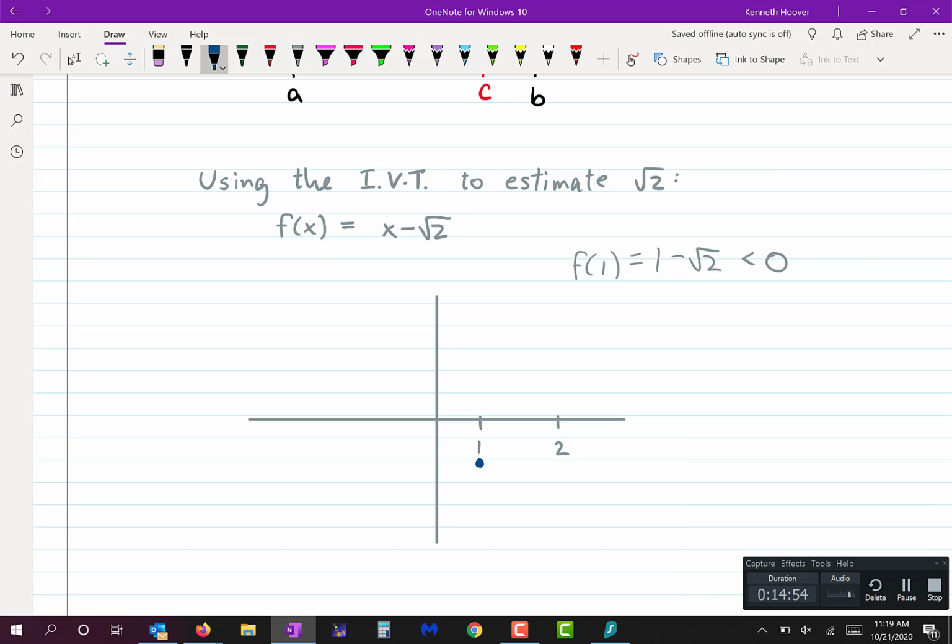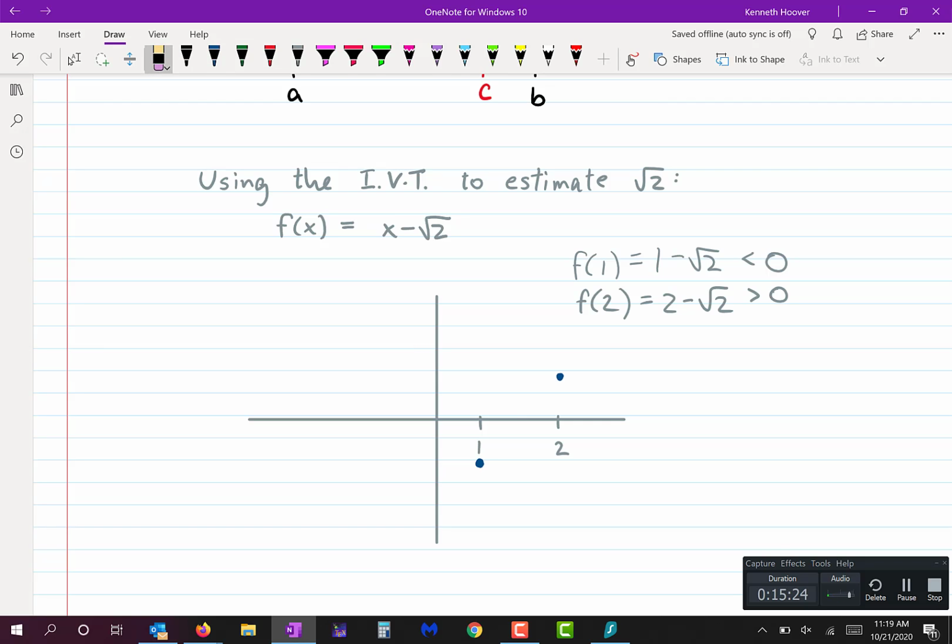And what about f of 2? That's 2 minus the square root of 2. I know that must be positive, because 2 is the square root of 4. So the square root of 2 is smaller than 2. So when I subtract the square root of 2 from 2, I know I'm going to get a positive answer. Okay?